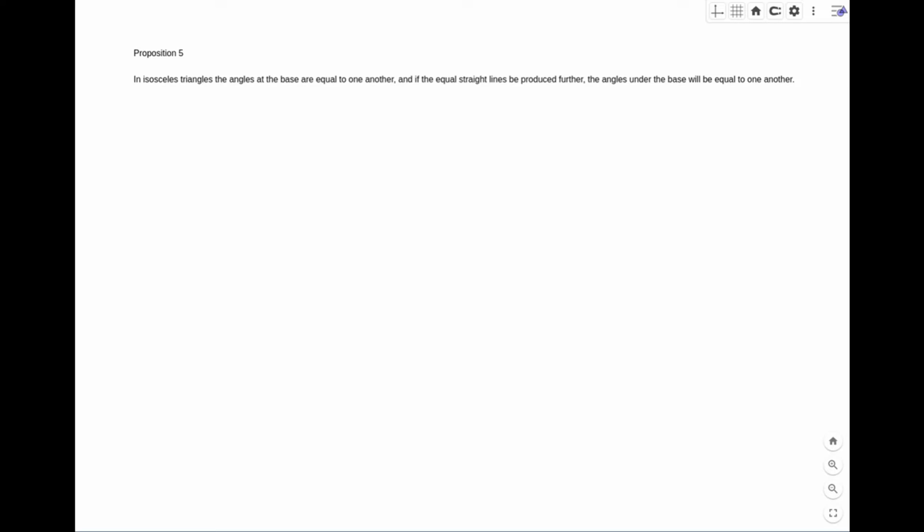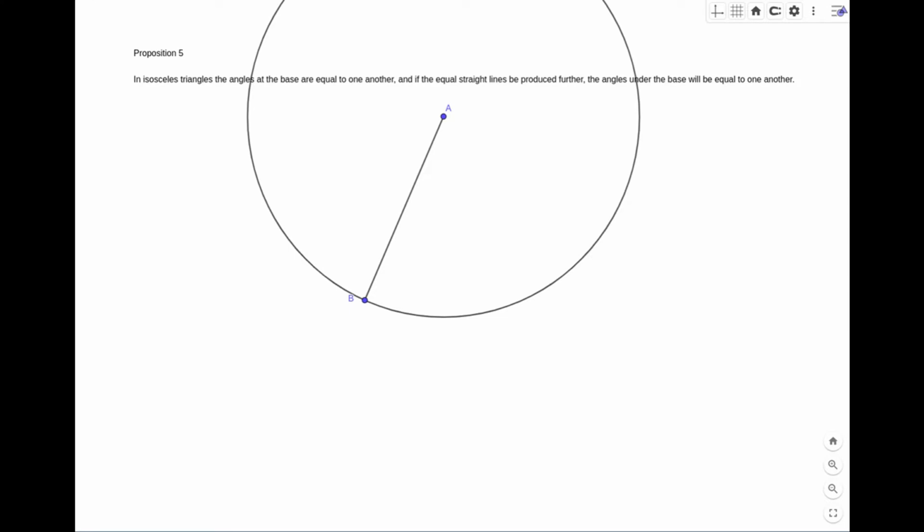Well, we need to start off with an isosceles triangle. For that, we can start off with a side, say, between 2 points, A and B. Now, we need another side that's going to be congruent to this side AB. So we can draw the circle centered at A and passing through B, and then we choose any other point on that circle.